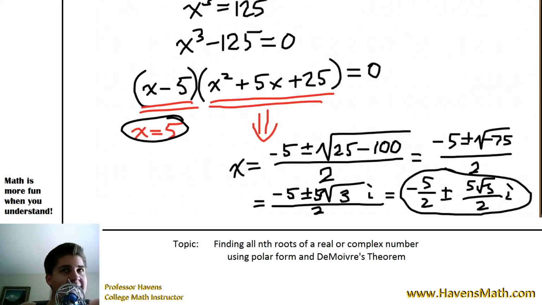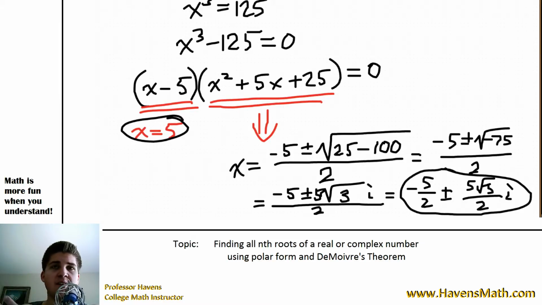We repeatedly add 360 over n. In that case, n would have been 4, so we repeatedly add 360 divided by 4, which is 90. So we take 2 cis 0, add 90, 2 cis 90, add 90 again, 2 cis 180, and then 2 cis 270. We get 4 roots: 2 cis 0, 2 cis 90, 2 cis 180, and 2 cis 270.